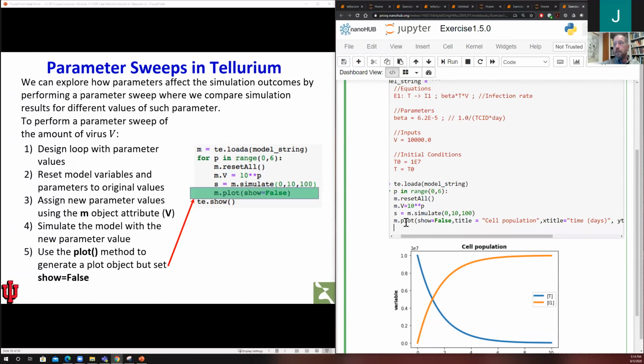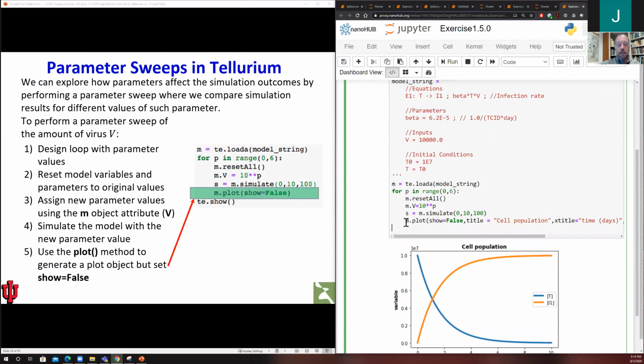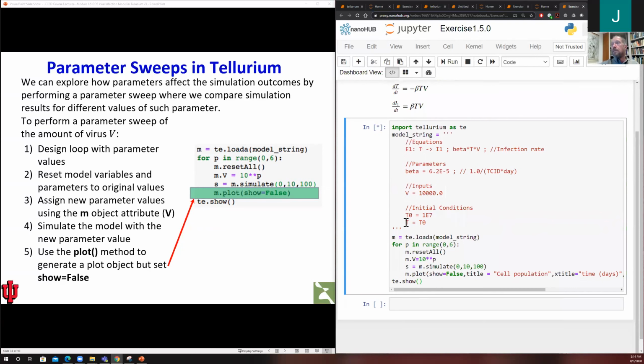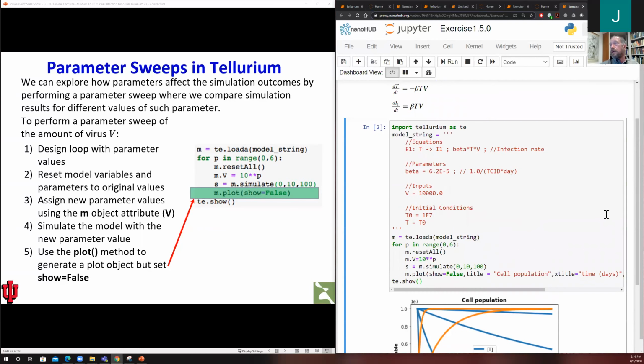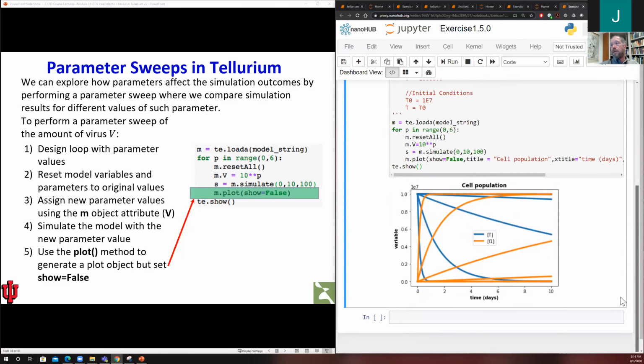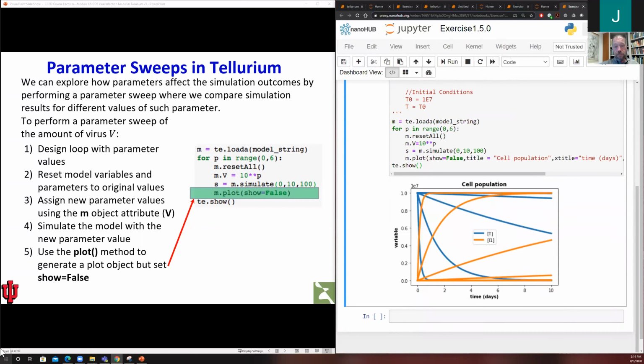And now I want to undent, and I do te.show. Okay, everybody follow along if you can. And now we'll run it, and what do we get? That's what I get. So I want everybody to try that and see that they're able to get it.